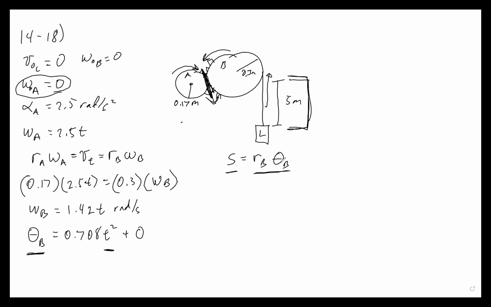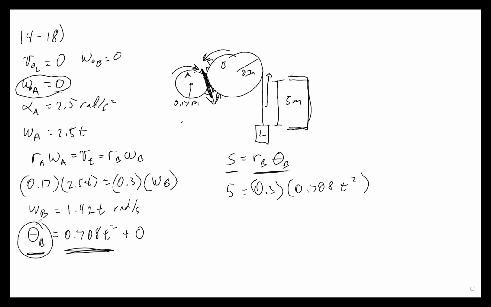That means we can put 5 in for S. We know that we have 0.3 for the R. And what is theta? Theta is this function down here. So we can just put 0.708 t squared, and we can get the time. You also could have solved for theta B and plugged the S and the R into the theta down here.